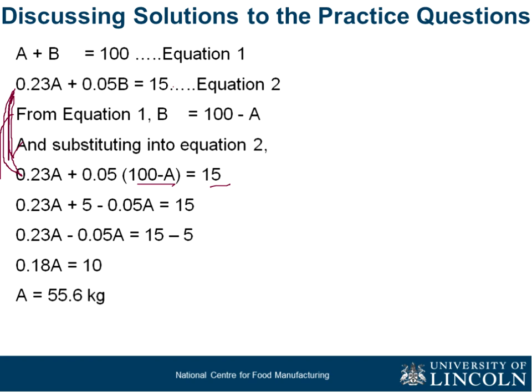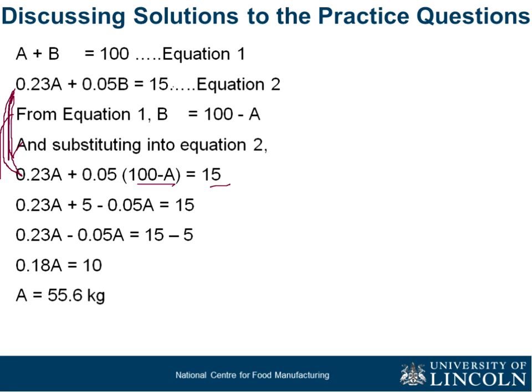So 0.23A. Now 0.05 multiplied by 100 is 5. 0.05 multiplied by minus A equals minus 0.05A. Now this is going to give me 15. Okay, and we have that. So we have 0.23A.